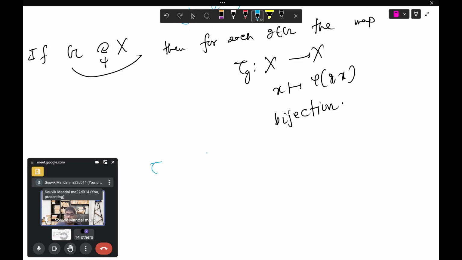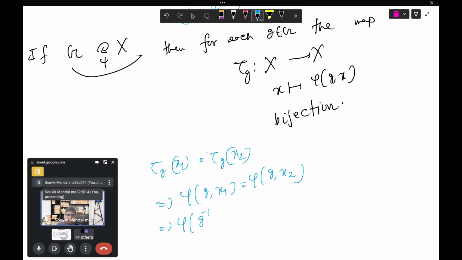How to check injectivity? Suppose tau g of x1 is equal to tau g of x2. This implies psi of g comma x1 is equal to psi of g comma x2. Now do this thing.